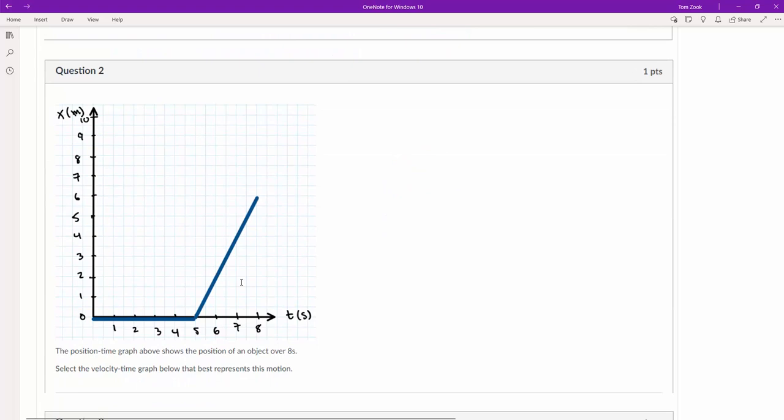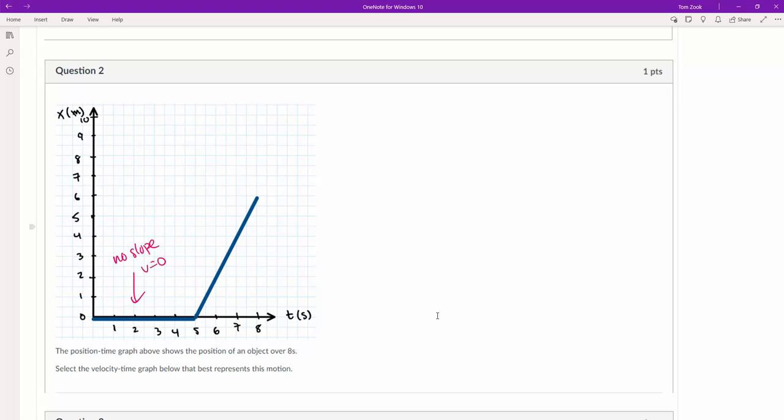Number 2, I believe, wants us to pick between graphs. So we'll see if we can draw a graph here for velocity versus time, and then see which ones match up. In this case, the first segment that we've got here would have a slope of 0. There's no slope. So that means the velocity is equal to 0 for the first 5 seconds.